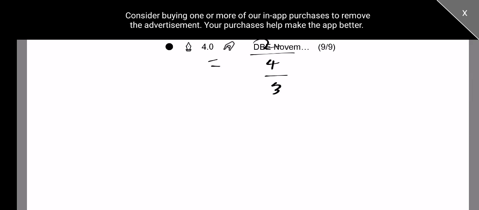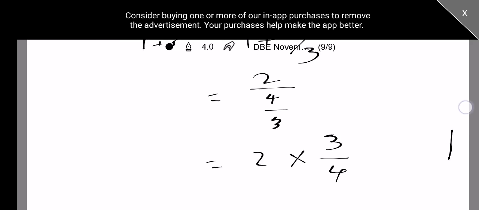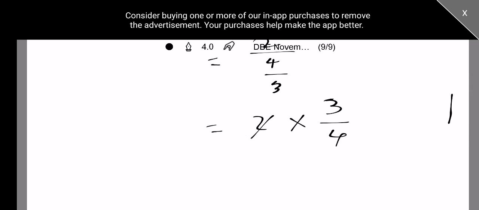This is 2 divided by 4 over 3. If we change the division sign into a multiplication, we've got to invert 4 over 3 into 3 over 4. So this is 2 multiplied by 3 over 4. 2 goes into 2 once, into 4 twice. Therefore our value of a equals 3 over 2.